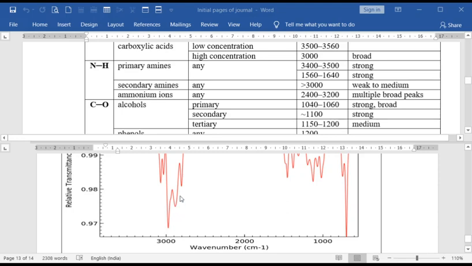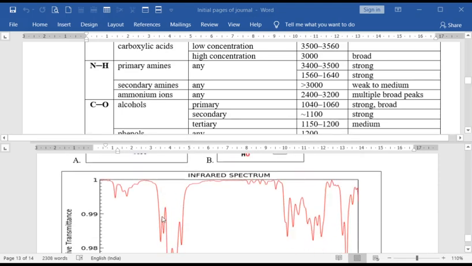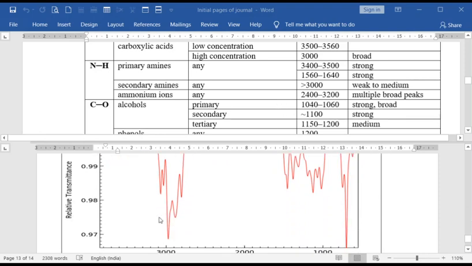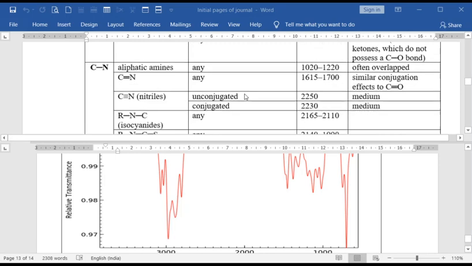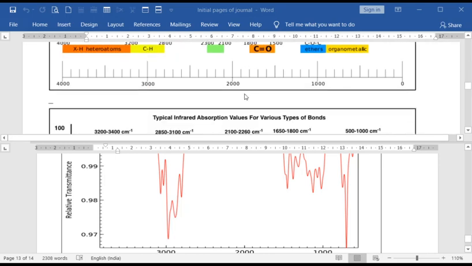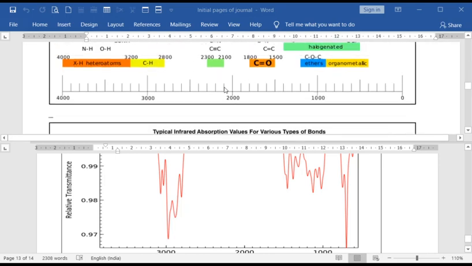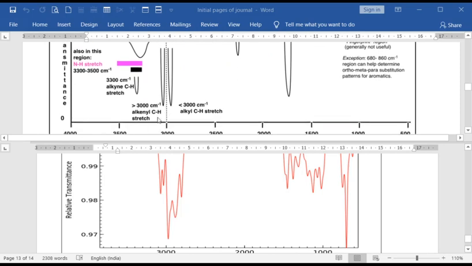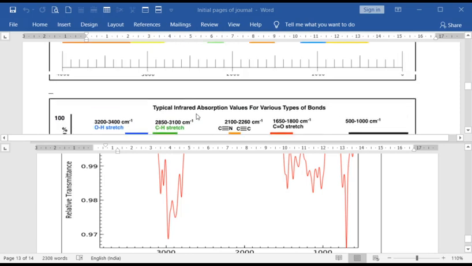It is showing a peak around 3000, and it also has some aromatic CH stretching, and that's why it is around 3000. The CH stretching is around 2800 to 3200, so CH stretch is around 3000 and above. This particular peak is for the CH stretching.